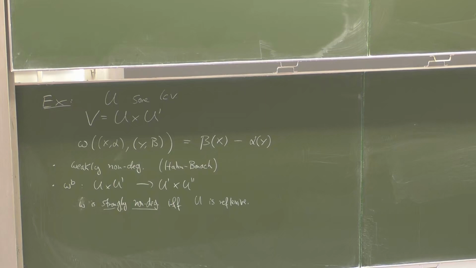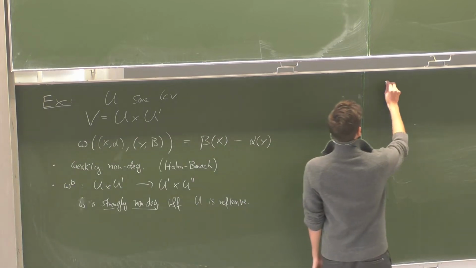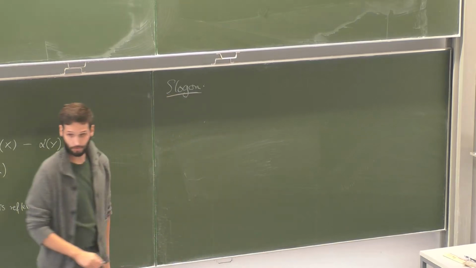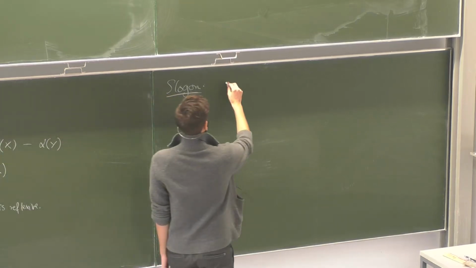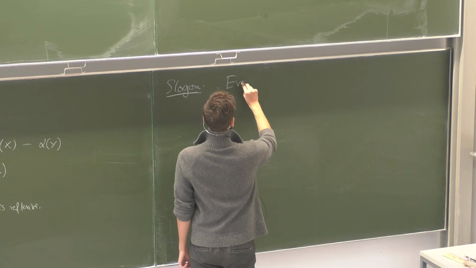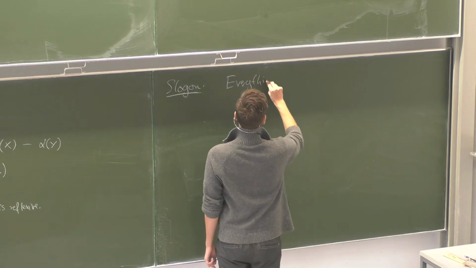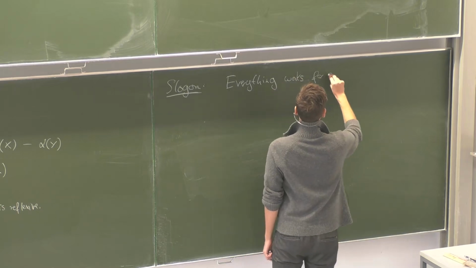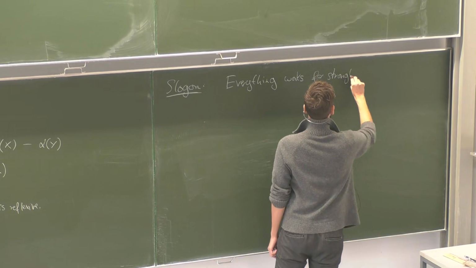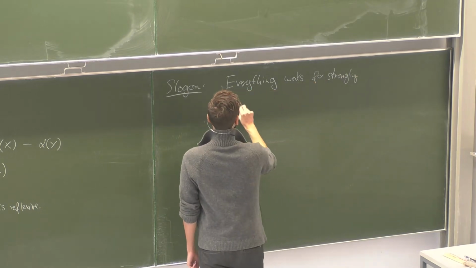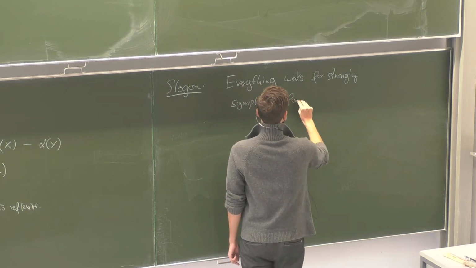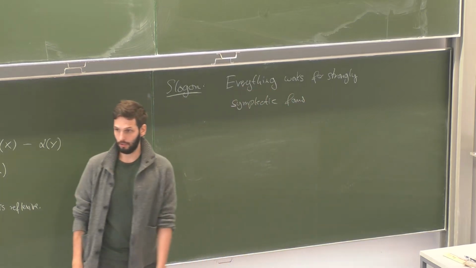And maybe the first moral slogan is that everything works for strongly symplectic forms essentially as in finite dimensions.